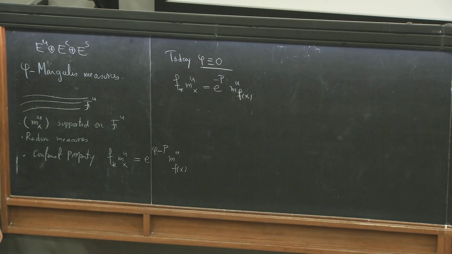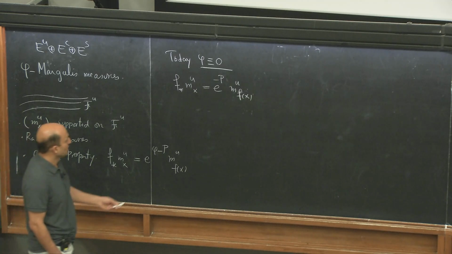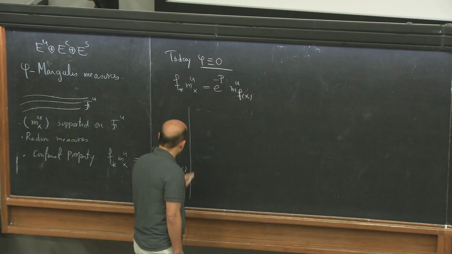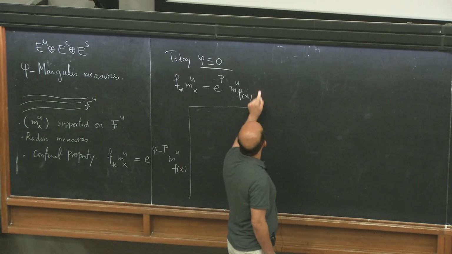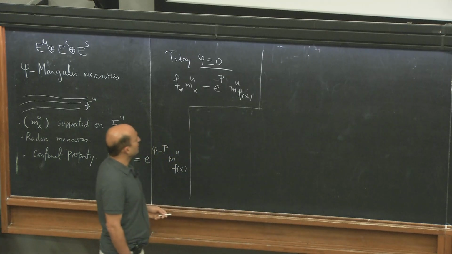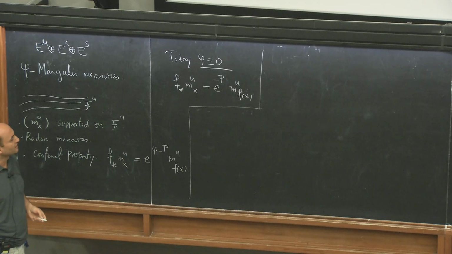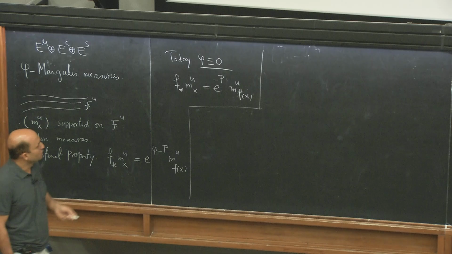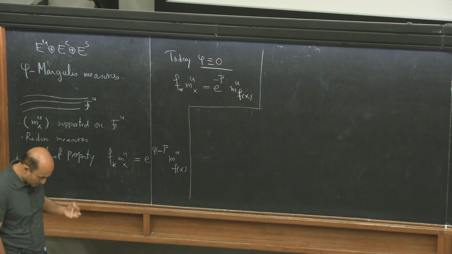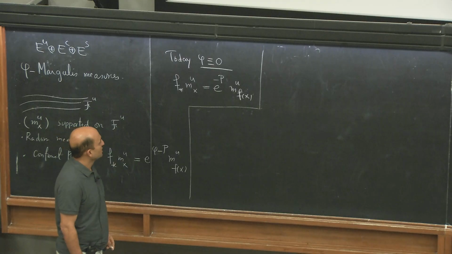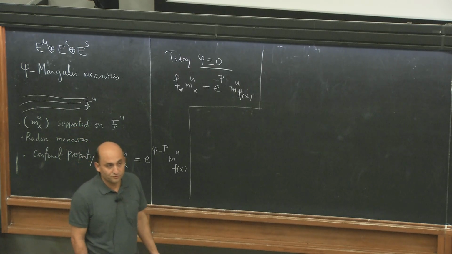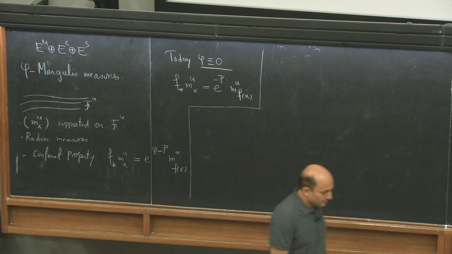The construction of these measures is very important, and historically Sinai constructed these kinds of measures, and then Margulis used such measures to study Anosov flows.